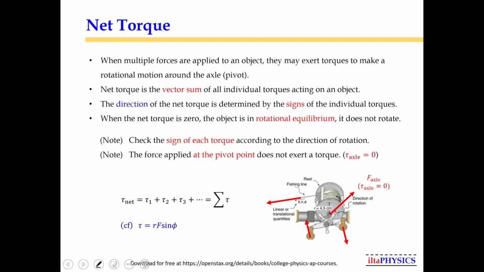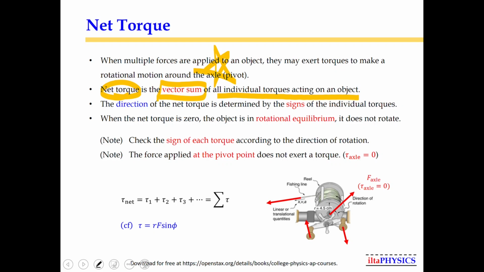Lastly, let's look at net torque. If multiple forces act on different points of an object, each force creates its own torque calculated by the product of its distance from the pivot and its perpendicular component. In this case, the total net torque acting on that object is determined by the vector sum of all those individual torques.